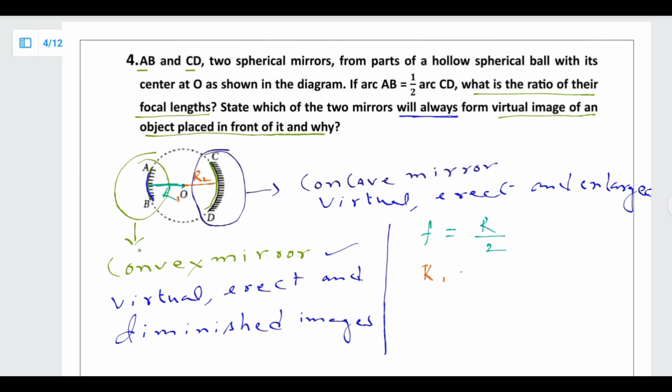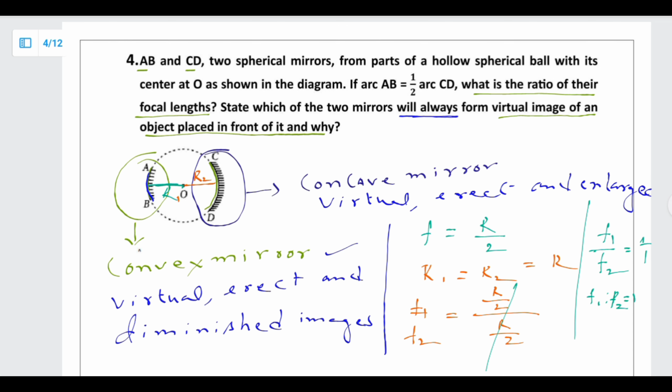R1 equals R2, let's say, which equals R. Let's say F1 is the convex mirror focal length and F2 is the concave mirror focal length. So F1 equals how much? R by 2. F2 equals how much? R by 2. So we can cancel them, both are equal. Therefore, F1 by F2 equals 1 by 1. So F1 is to F2 equals 1 is to 1.